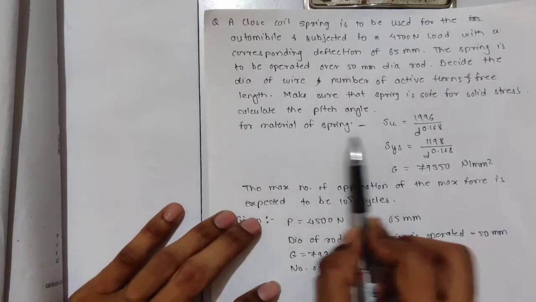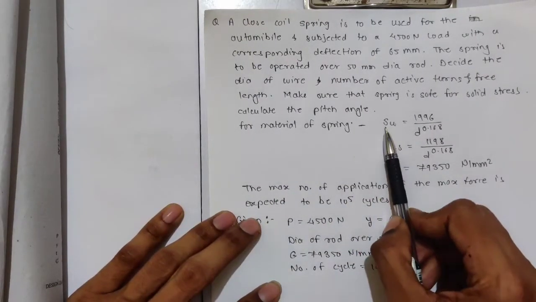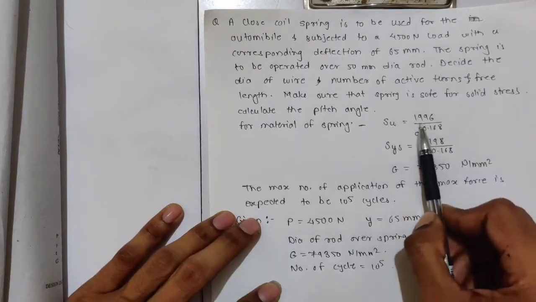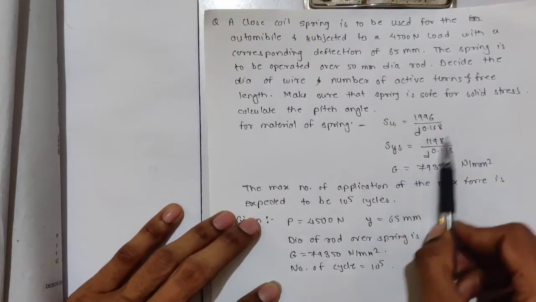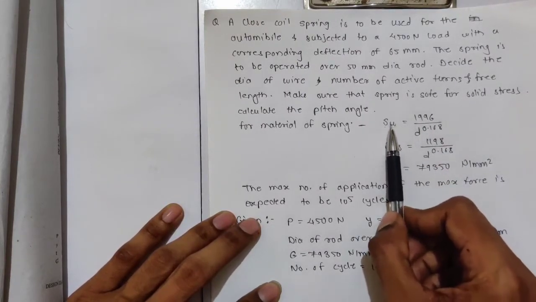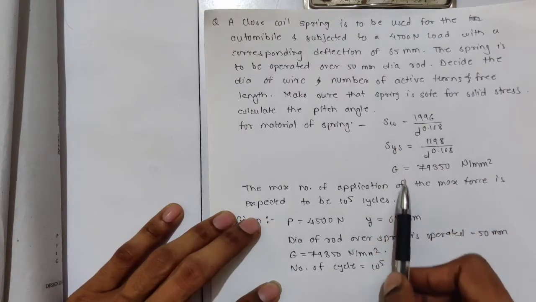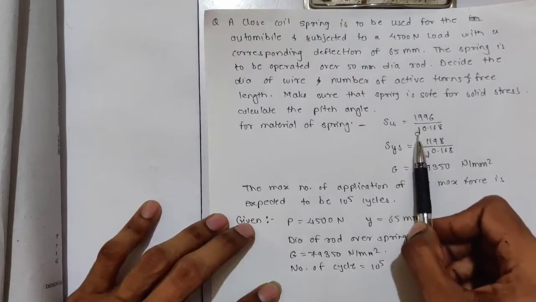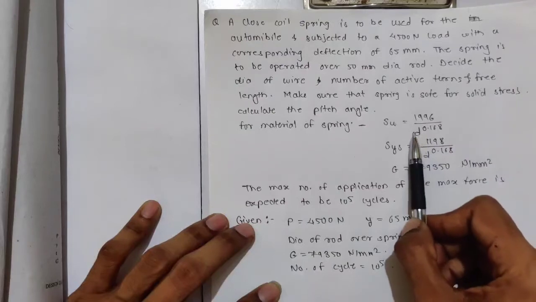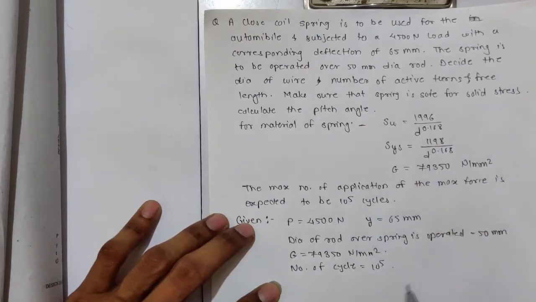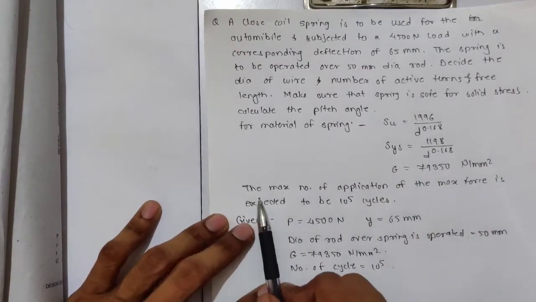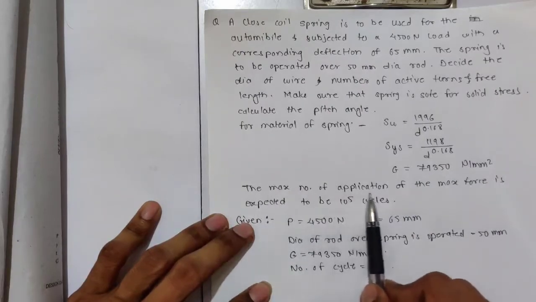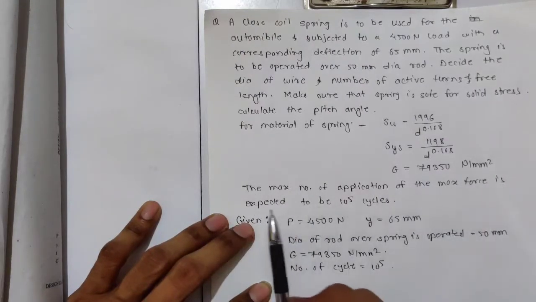This is in Newton. For the spring material, SU is equal to some relation that is given. This is nothing but ultimate stress, yield stress, and modulus of rigidity. Sometimes it is given as capital DW like that, so it is nothing but the diameter of the wire only, the small d. That relation is given. And one more point is given: the maximum number of applications of the max force is expected to be 10⁵ cycles.